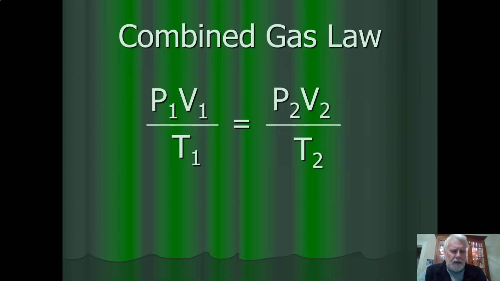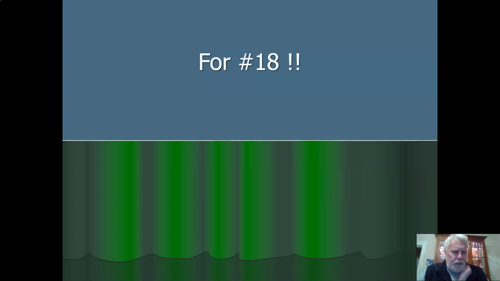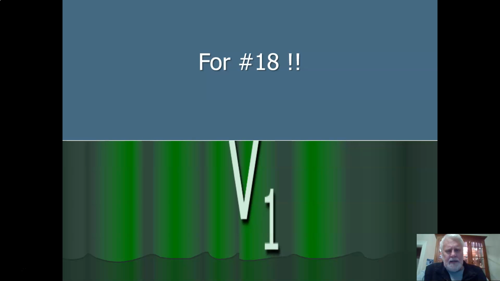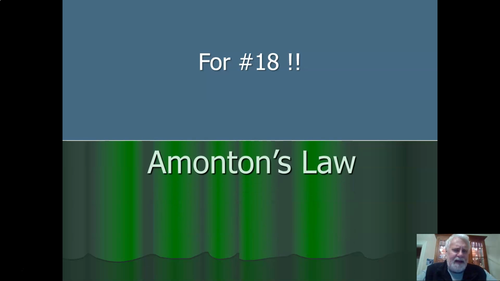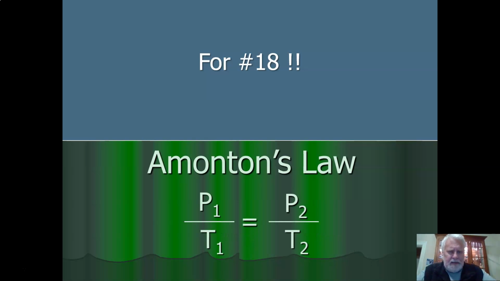Okay, so this lecture is mainly emphasizing the combined gas law, where we're going to do everything together. For problem number 18, you're going to be doing something called Amonton's law. And Amonton's law is if you leave the volume out of it. So that's pressure over temperature equals pressure over temperature.